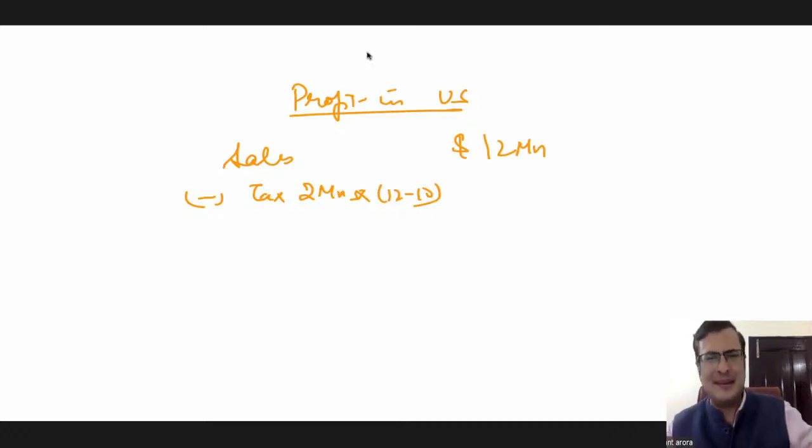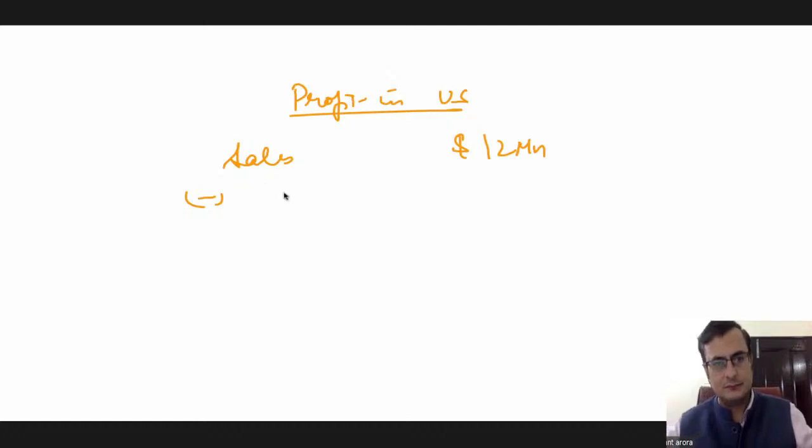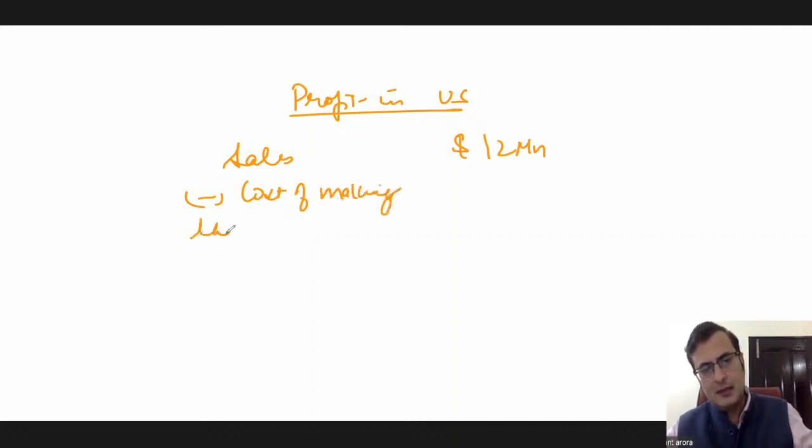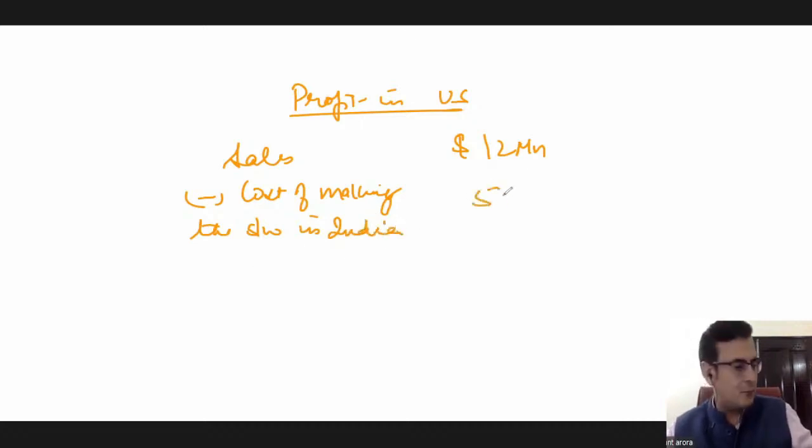Okay. Let's not assume any tax. Why assume? Let's forget. Cost of making the software in India. Okay, so this is 5.268 millions.